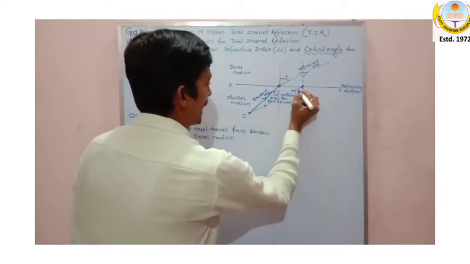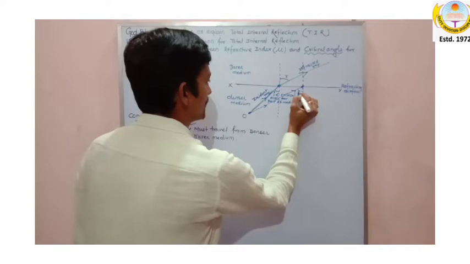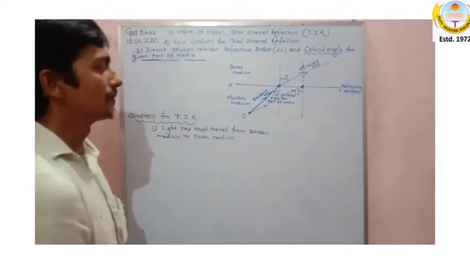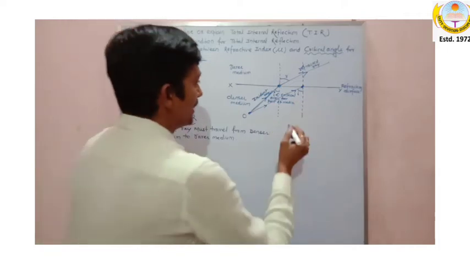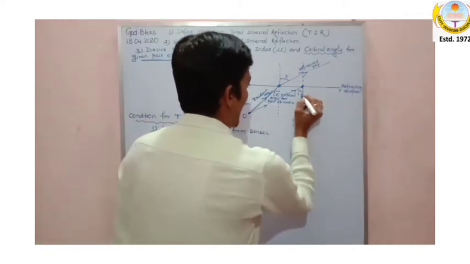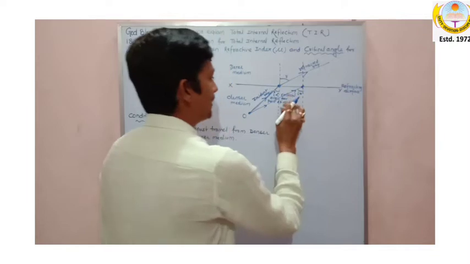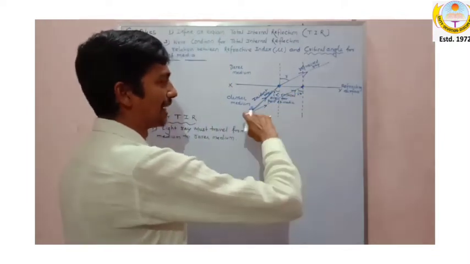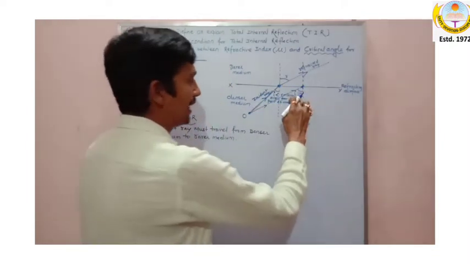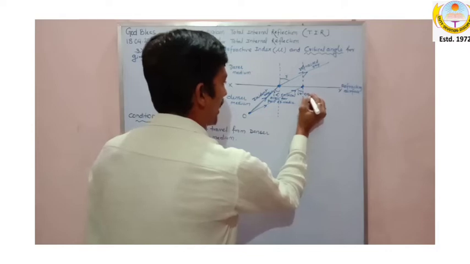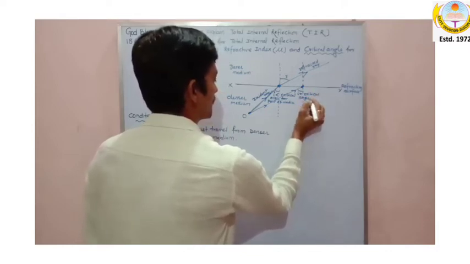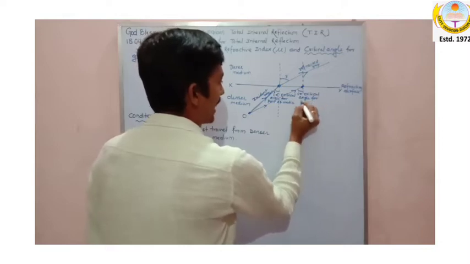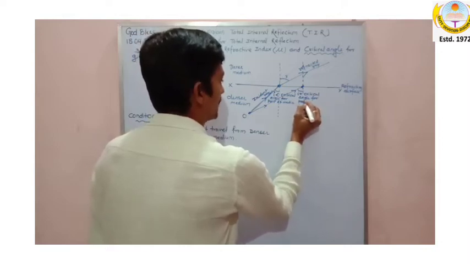Here also it makes angle I, and this time the incident angle made by this incident ray is equal to the critical angle for the pair of media.